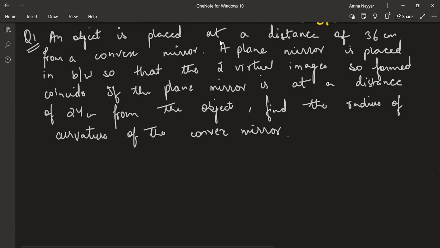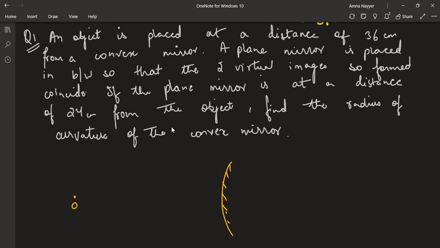Yes, Khalid, your answer is correct. Class, an object is placed at a distance of 36 centimeters from a convex mirror. So if this is the convex mirror, here is the object, total distance is 36 centimeters.